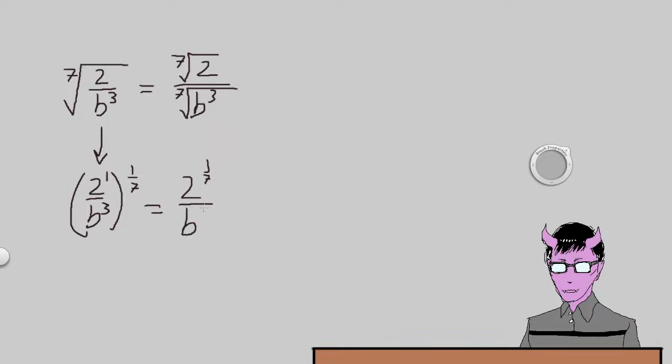And this one translates back into that one. So that's why you could split the radical. But you don't always have to justify your steps once you've justified it once.